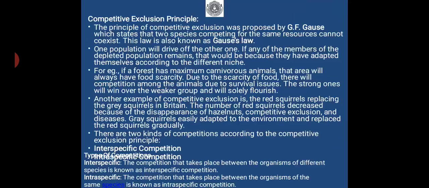So, intraspecific competition is the competition that takes place between organisms of the same species. These are the two types of competition according to this concept.